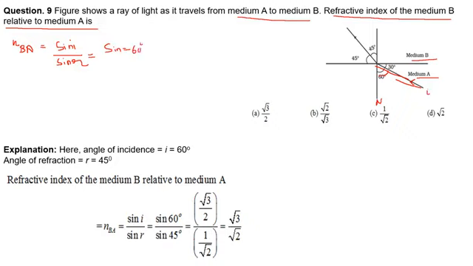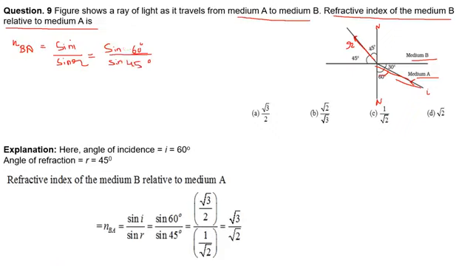And the angle of refraction is between the normal and the refracted ray, that is 45. So I have to take sine 45 degree. Okay, let me just clear this.